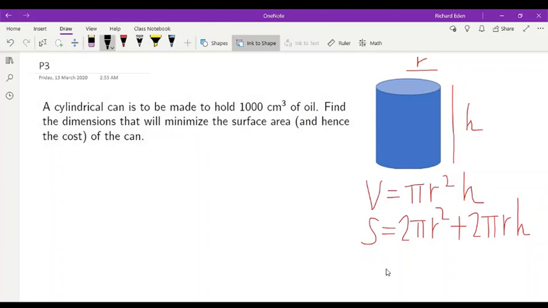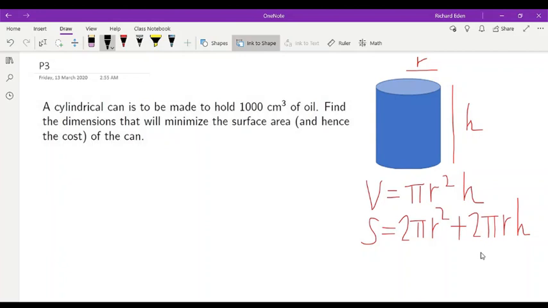Now the surface area is really the sum of the areas of all the faces. The cylinder has a circular top and a circular base, so that's why you have double pi r squared, making up the first term of the surface area. As for the lateral side, the side of the can, you can think of that as a rectangle that's wrapped around the side.